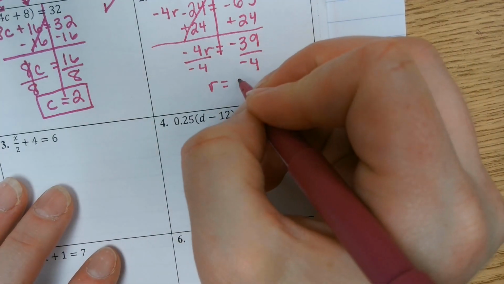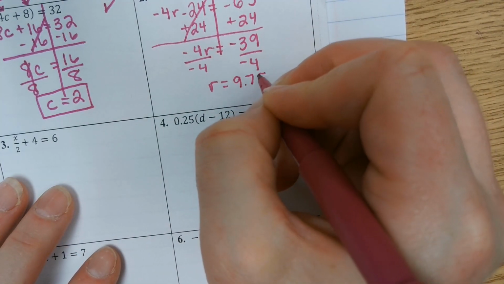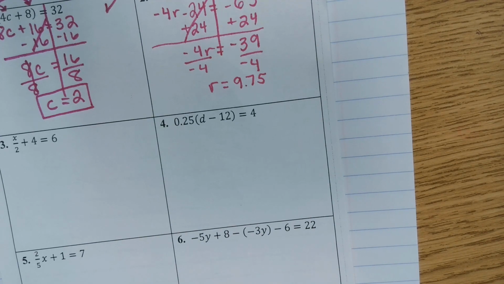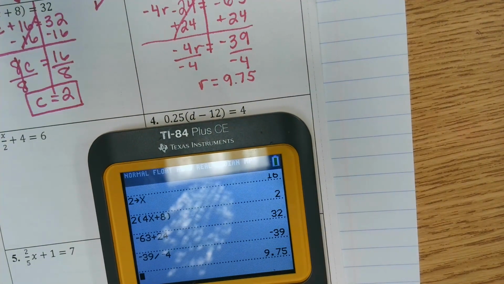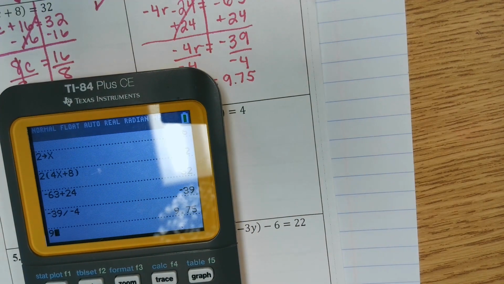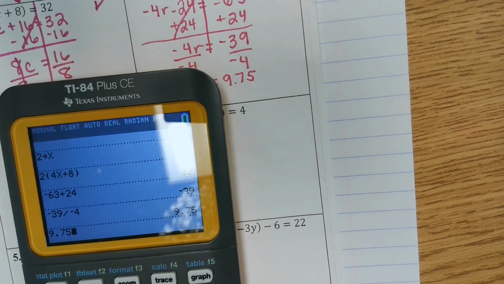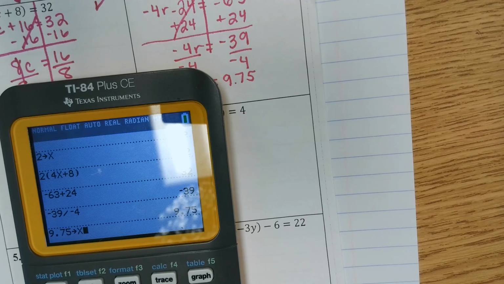Whenever I first got that, I was like, oh no, I did something wrong. But the way you can check is by storing it. So let's store it in: 9.75 store x.